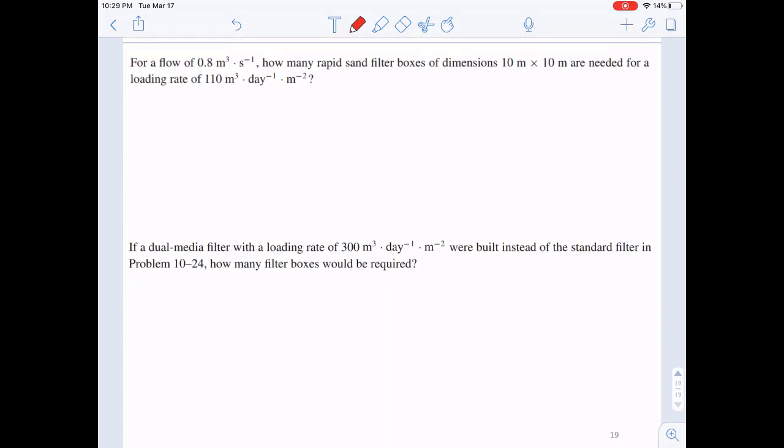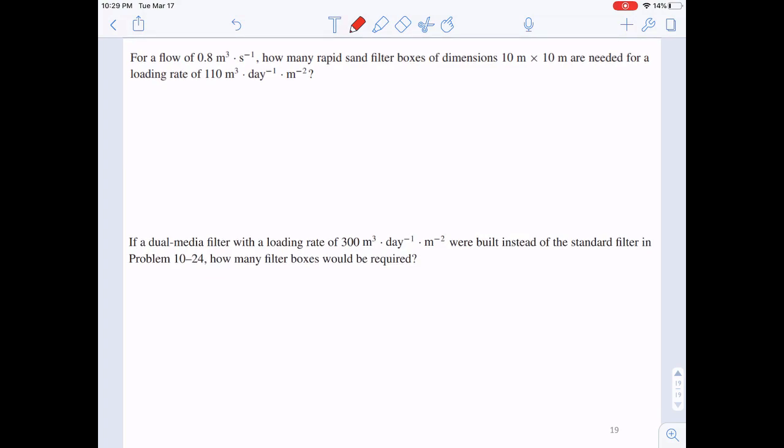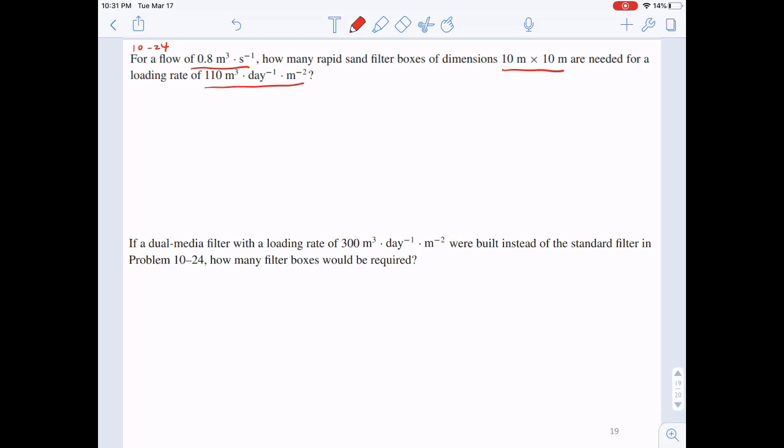You also worked through these two problems in your homework. The first problem, which I think is 10-24, wants us to design a rapid sand filter system. Each sand filter has a surface area of 10 meters by 10 meters, the total flow rate is 0.8 meter cube per second, and we also know the loading rate.